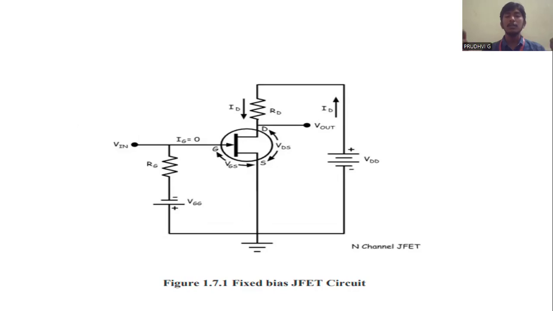And this is how the fixed bias JFET circuit looks like. You can see there is no current passing through the gate, so that's the advantage. VGG is the external voltage we connect, and ID is the current passing through the drain. VDS is the voltage along the drain and source.